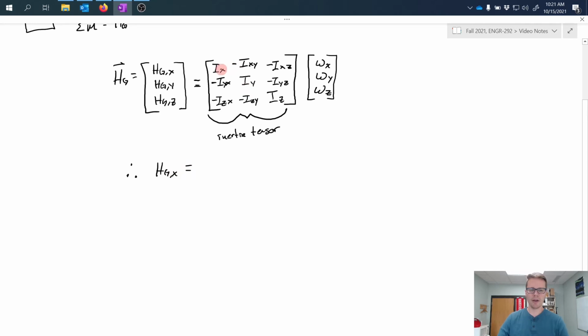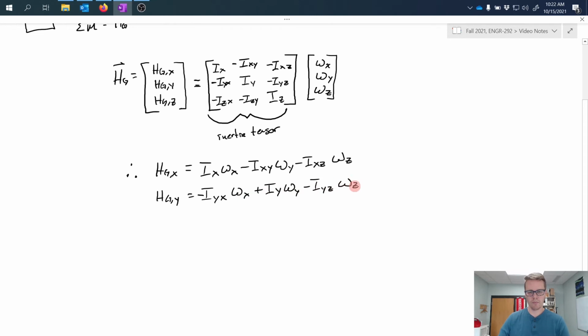So if I carry out a matrix multiplication, multiplying the top row by the one column of my angular velocity, once it's fully filled in, I get three equations, one for each of my vector components of my angular momentum.